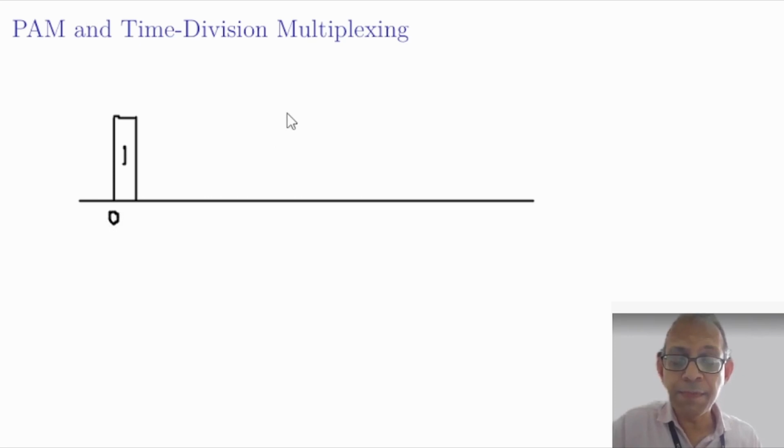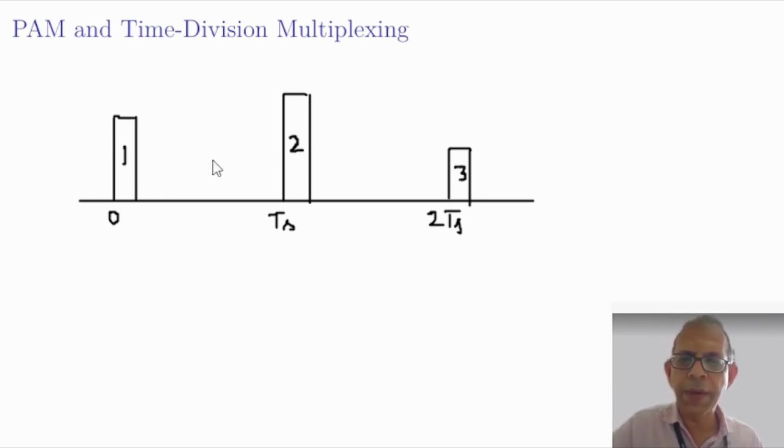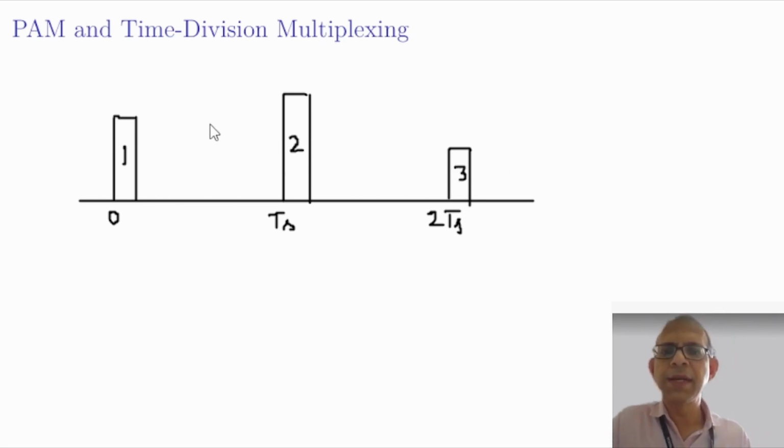The second sample must occur after the sampling interval has elapsed, at TS, and the third sample occurs at 2TS, and they all belong to the same message. So I am writing 1, 2, 3, and I will represent it in black color.